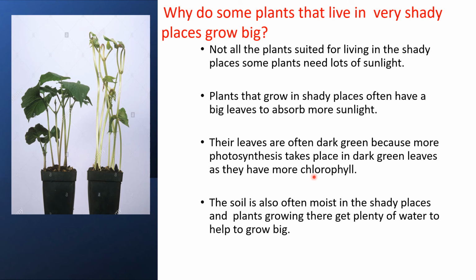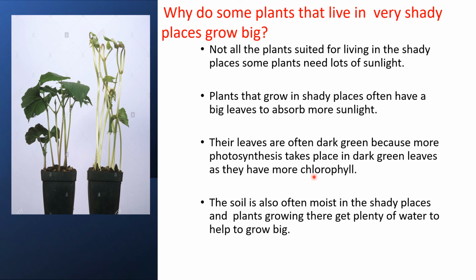Light is an important part of photosynthesis. The process that plants use to convert carbon dioxide and water into food is called photosynthesis. Without light, photosynthesis cannot work. You need light for photosynthesis, and photosynthesis is the process that plants use to convert carbon dioxide and water into food.